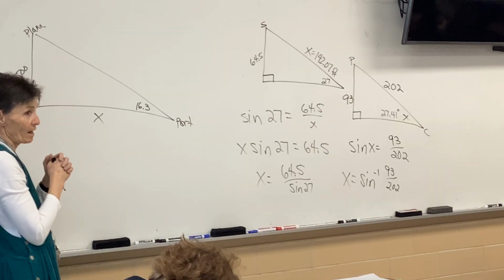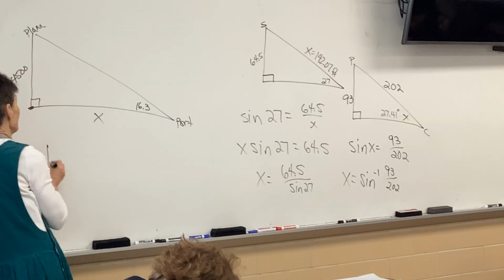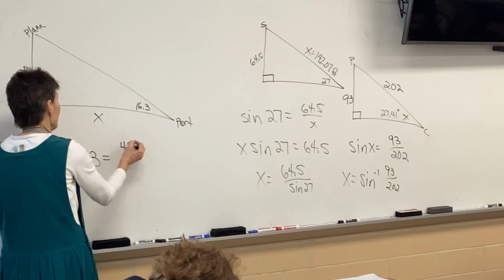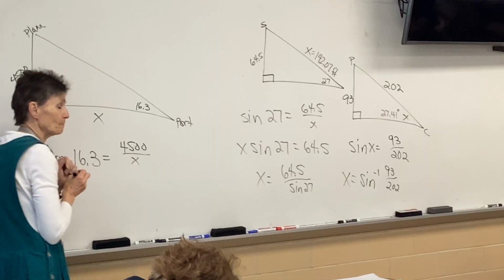Well, this is not a sine. What's this one? Tangent. So tangent 16.3 equals opposite over adjacent.